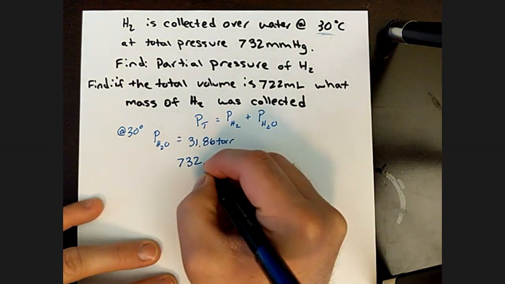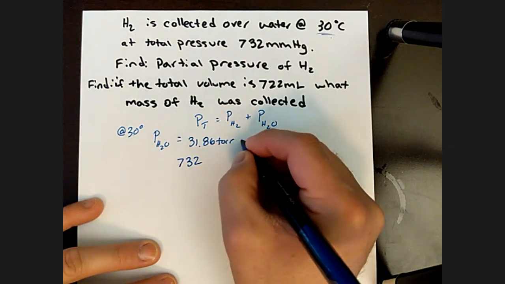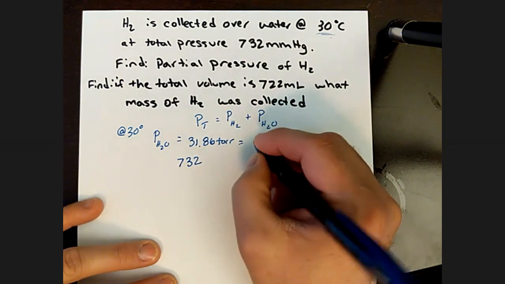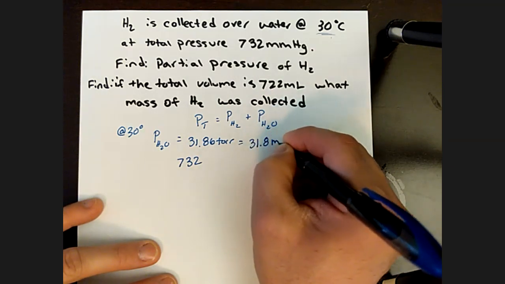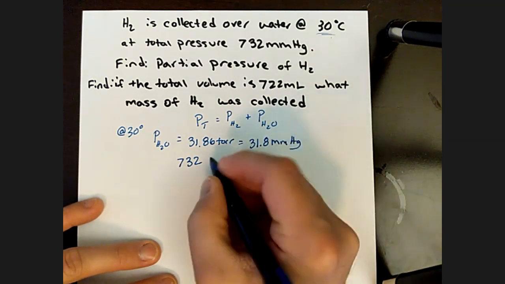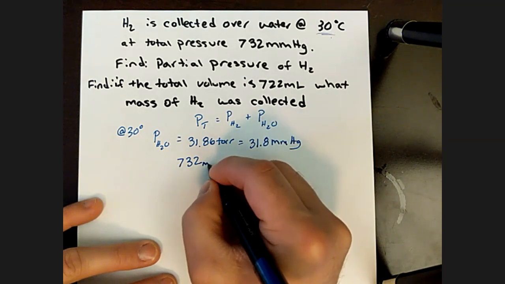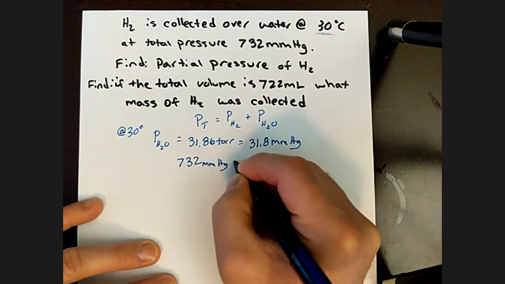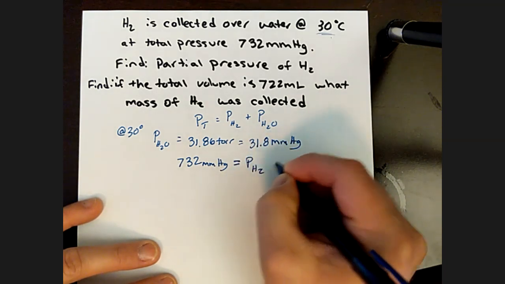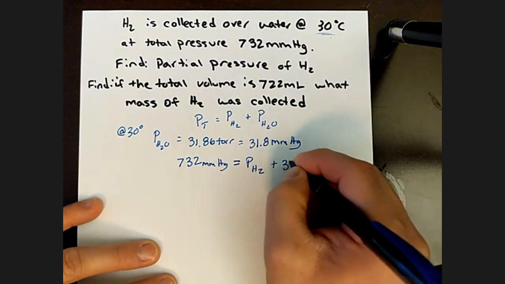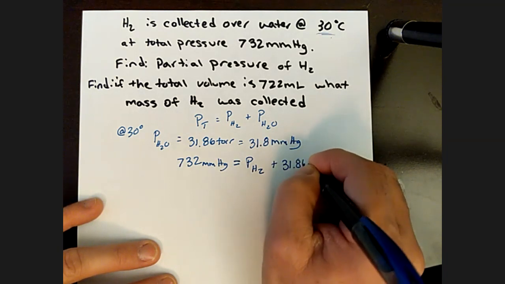So we have 732, well, okay, torr and millimeters of mercury are the same thing. Right, so if we have 732 millimeters of mercury, this equals the partial pressure of hydrogen plus 31.86.